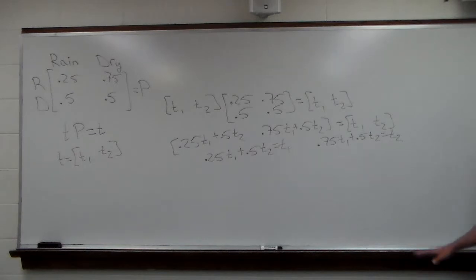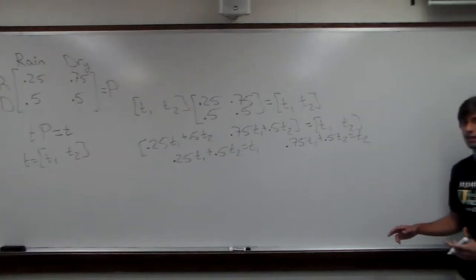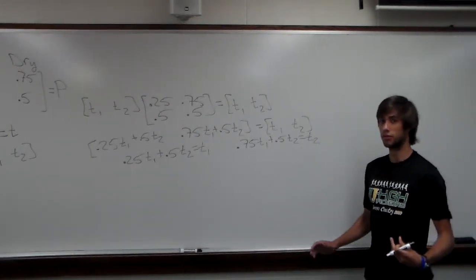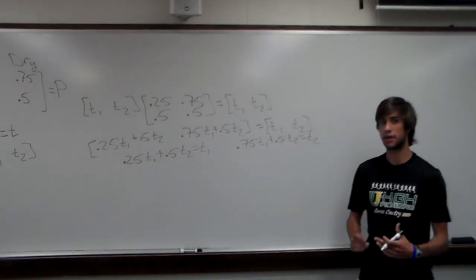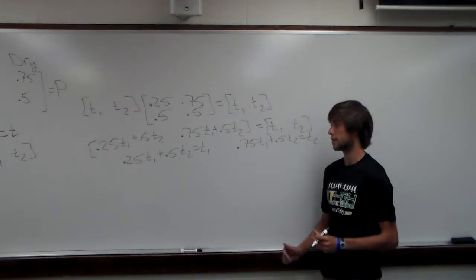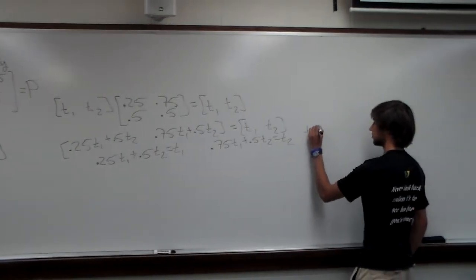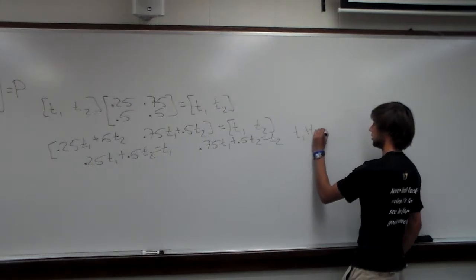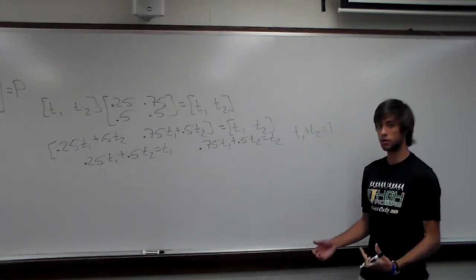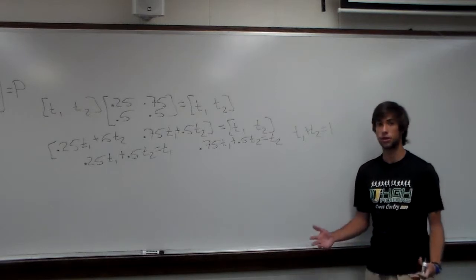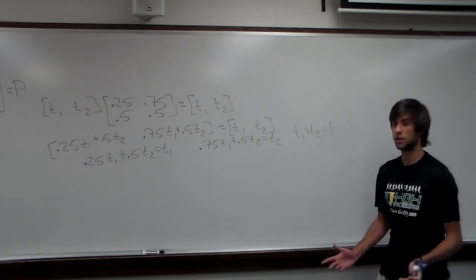The other thing that we know is that T1 plus T2 is going to equal 1, because again, we have a probability of 1, since we're really trying to find out what the probability is that it's going to rain or be dry the next day. So we can write T1 plus T2 equals 1. All we're going to do here is solve this system of equations like we would any other one from earlier on in the course.